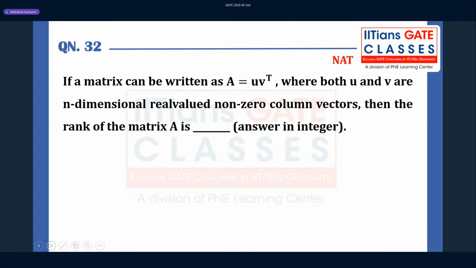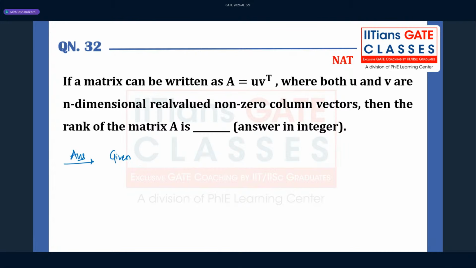This is the second question, again from linear algebra. If a matrix is written as A is equal to U into V transpose, where U and V are n-dimensional non-zero column vectors, then rank of matrix A is. Let's understand first what they have given.